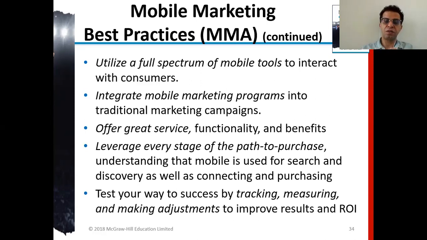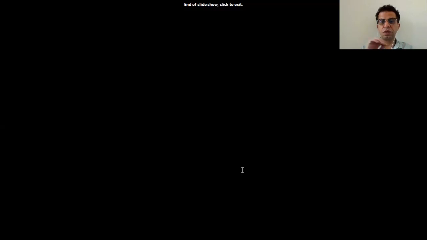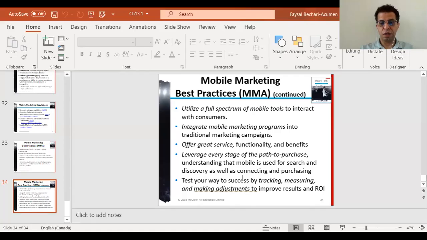Leverage every stage of the path to purchase, understanding that mobile is used for search and discovery as well as connecting and purchasing. Test your way to success by tracking, measuring, and making adjustments to improve the results and see your return on investment. Very important. So this is the end of the chapter.